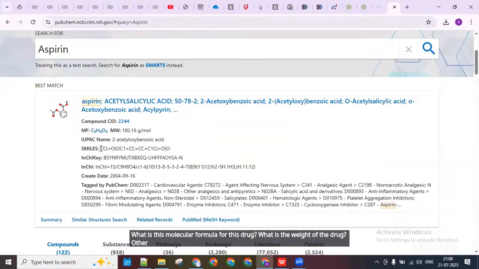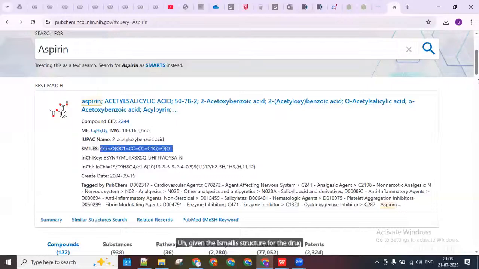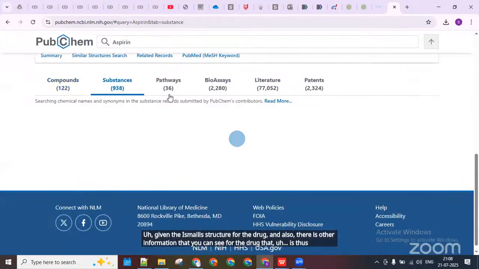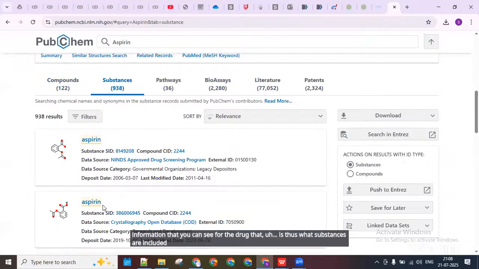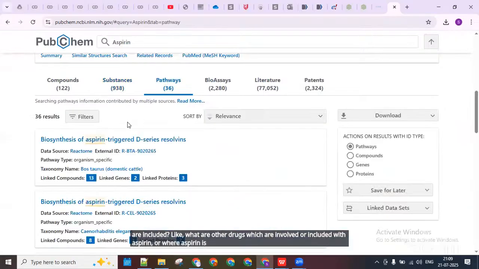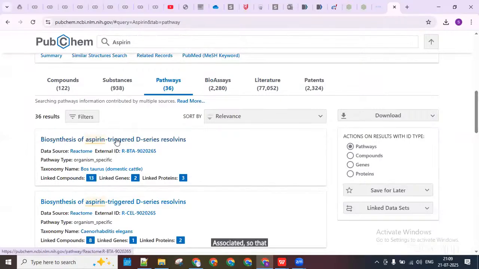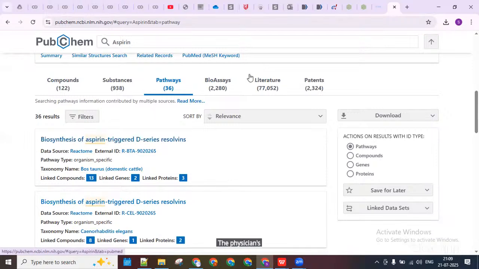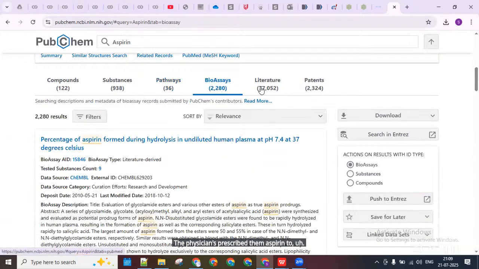Other information that we use in CADD related studies are given: the SMILES structure for the drug, and also other information, that is, what substances are included, what other drugs are involved or included with aspirin, or where aspirin is included, what are the different pathways with which aspirin is associated, so that the pathways which may be changed due to some disease, we prescribe them aspirin. The physicians prescribe them aspirin to rectify the disease.